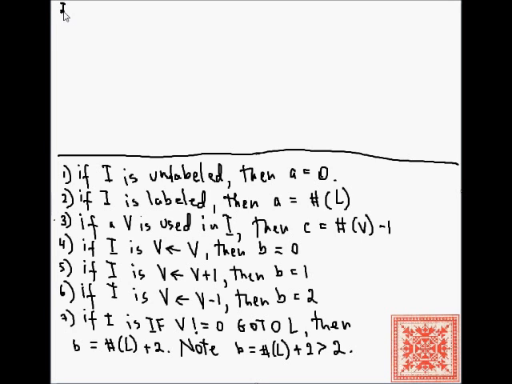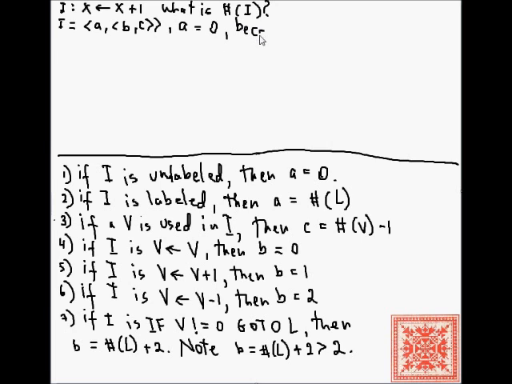So let's go through an example. Let's suppose that we have I, which is of the form X ← X + 1. Note that the subscript of 1 can be omitted. That's a convention that Davis, Weyuker, and Sigal used in their text. So what's the number of this instruction? Remember that it's the pair of A and the pair of B and C. A is equal to 0 in this case because we have no label.